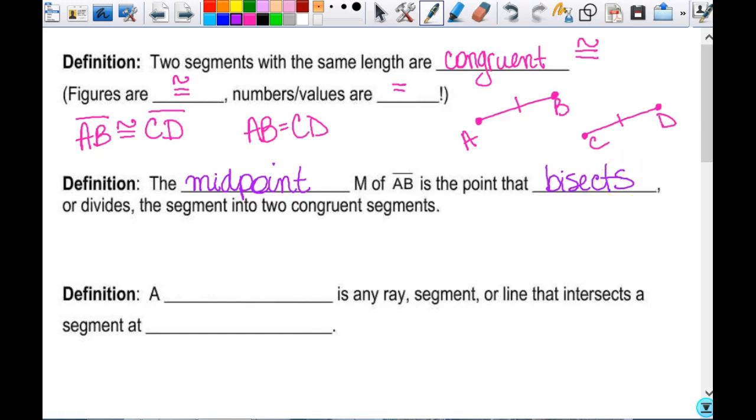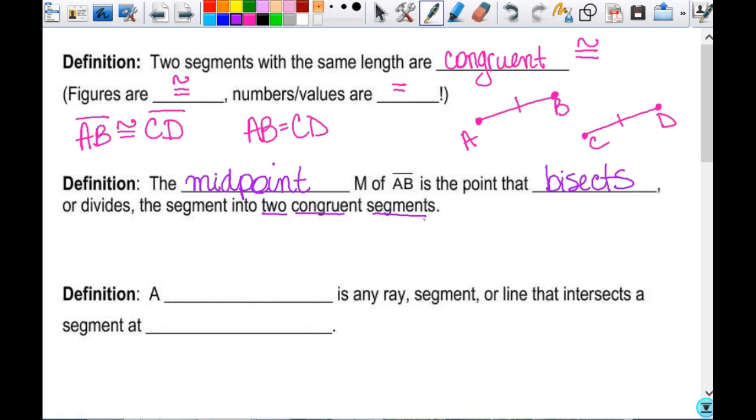If you're going to share a candy bar with me, I want you to bisect it, not just divide it into 2 sections, because you might get more. But if you bisect it, then it divides the segment into 2 congruent segments. So it's not just about being 2 pieces. The 2 pieces that you get are congruent to each other.